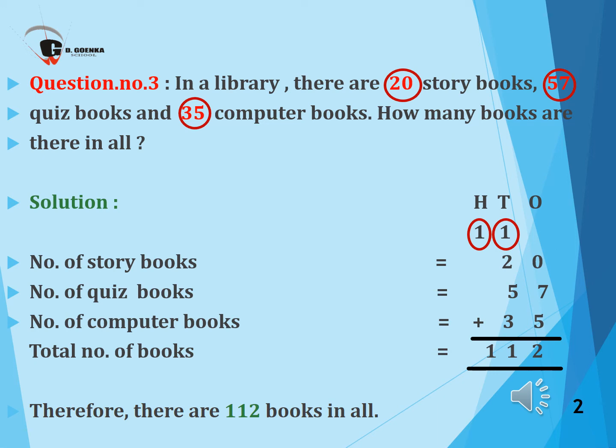We will add all the numbers under tens value, which is 2 plus 5 plus 3 and 1, which is carried from the ones value. So the total is 11. Now we will write down 1 under tens value and carry forward 1 under the hundreds value. So what is our answer, dear students? 112. Therefore, there are 112 books in all.